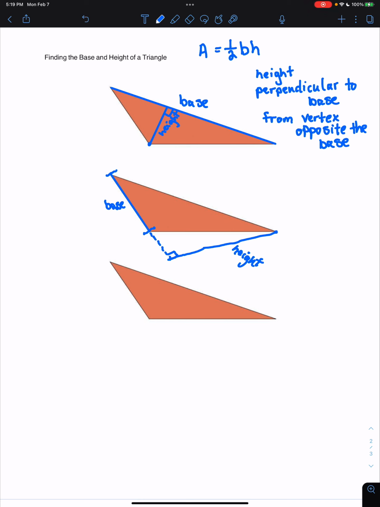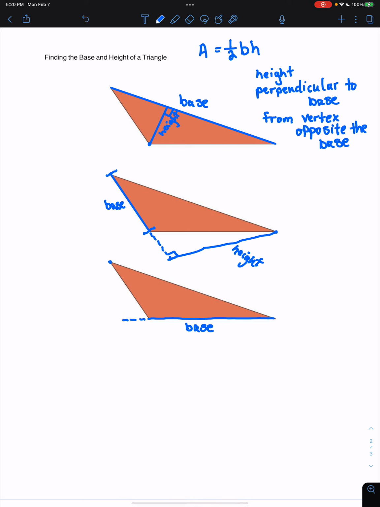One more opportunity for base and height. I could use this as my base. That means that this vertex is opposite the base.